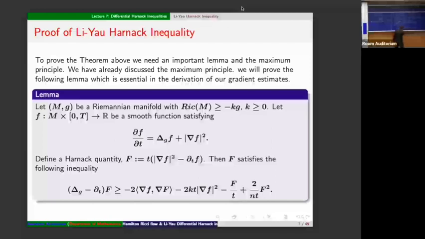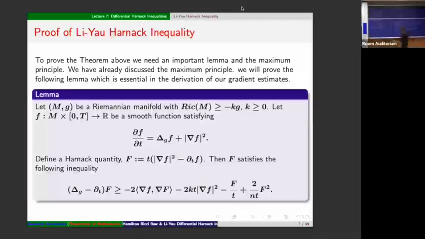Oh, sorry, t is here. This one has t, then this one is 2k, because the Ricci curvature is greater than or equal to minus k g.